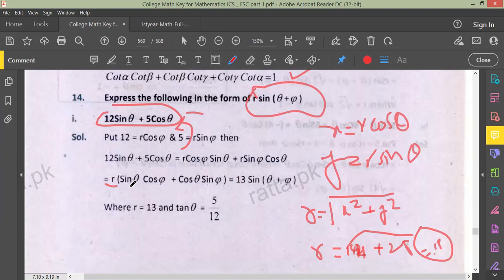And this is the formula of sine alpha cos beta plus cos alpha sin beta, sine of alpha plus beta. So r is equal to 13, and we can say that tan theta is equal to y over x. So we know that the value of y is 5 and the value of x is equal to 12.